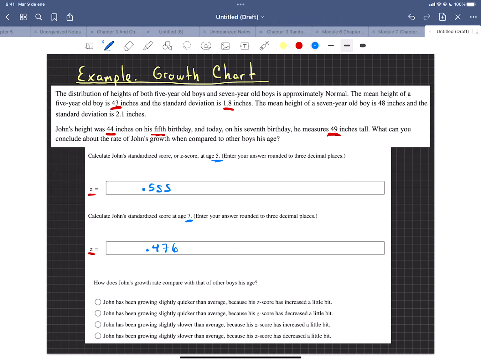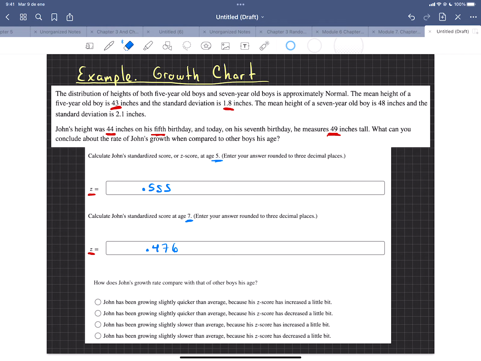Now, the option here is, notice how the standard score decreased a little after the age of 7. So we choose: John has been growing slightly slower than average because his C-score has decreased a little bit.